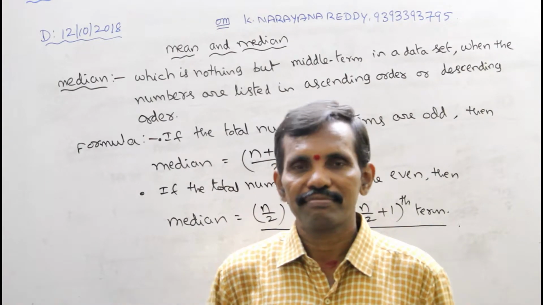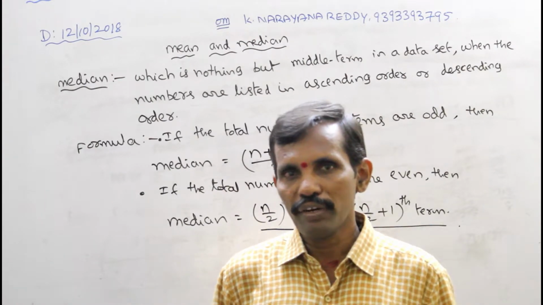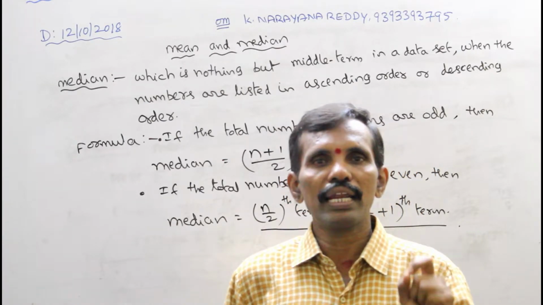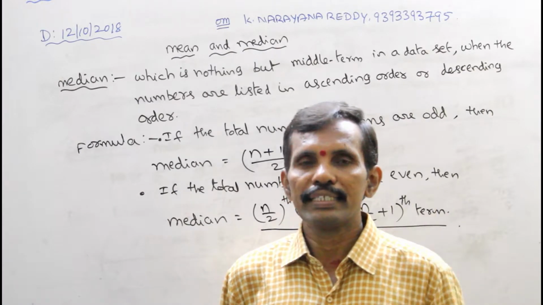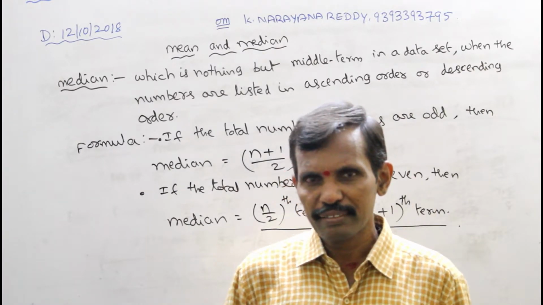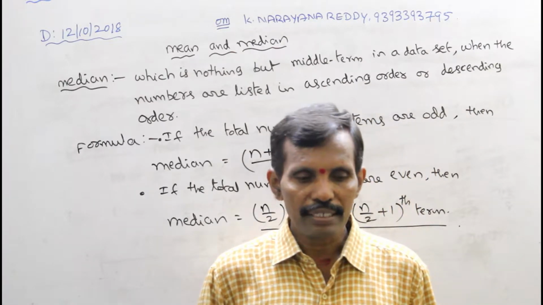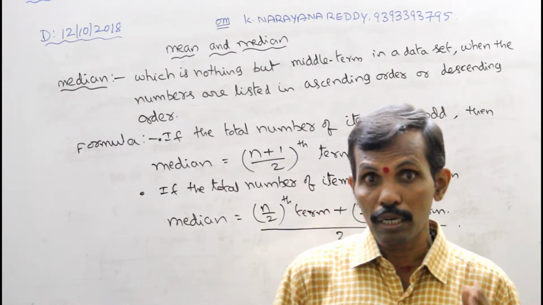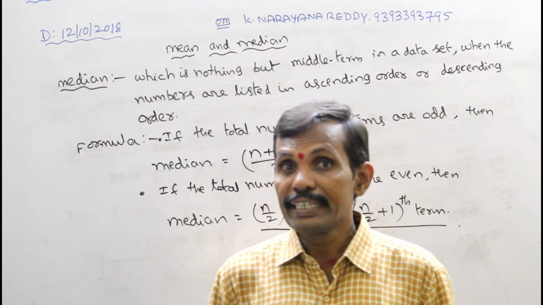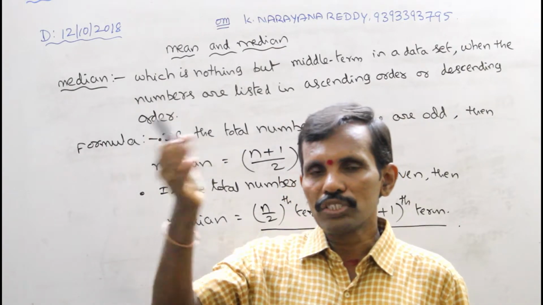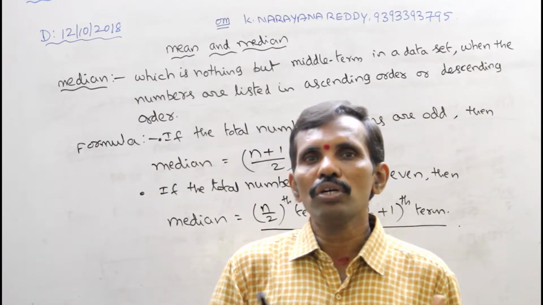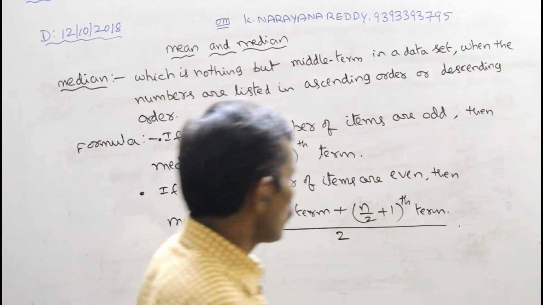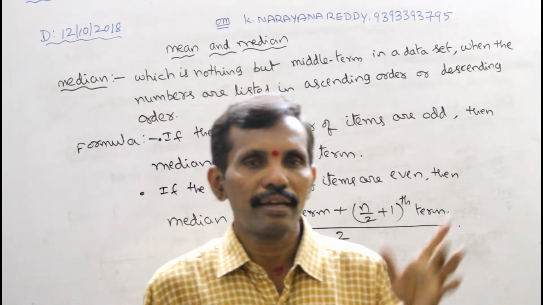What is ascending? What is descending? Ascending means small to highest, lower to upper. Descending means highest number to lowest number. That's all. That is the important point to observe to find the median.